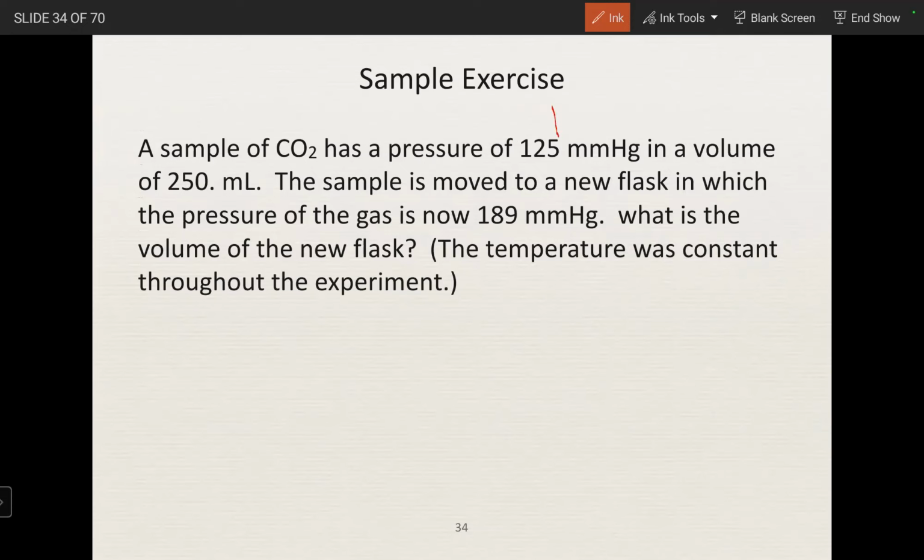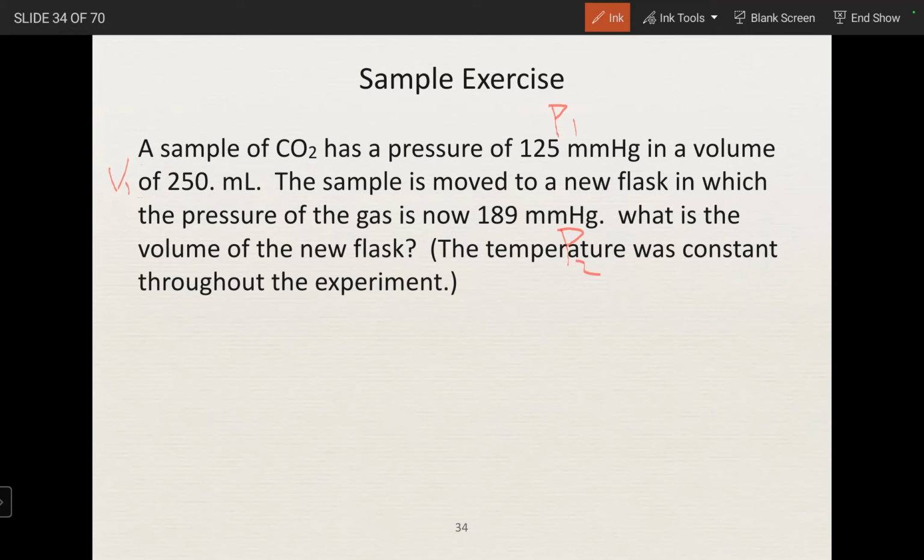So in this case, we've got P1 and V1. We've got P2 for that 189 millimeters of mercury. And then this is the first time we've seen that unit in these questions. So up until this point, it's been atmospheres.